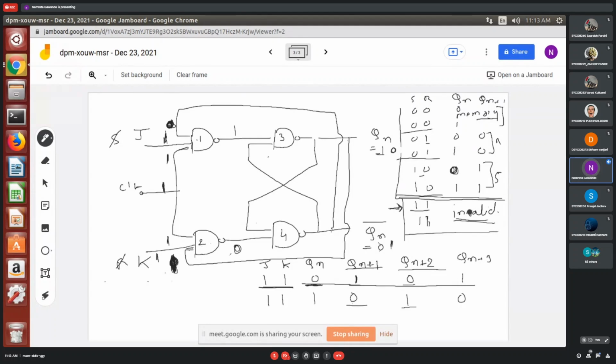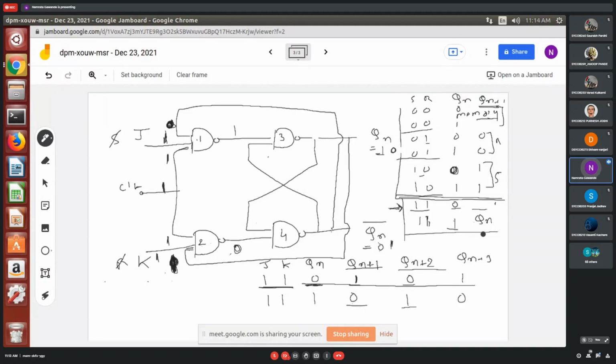Instead of this, what I can write over here, for the present state 1 1, whether it is 0 or 1, I will get the next as 1 0, but I need to assume it for all the next states. So in that case I can write Qn complement.